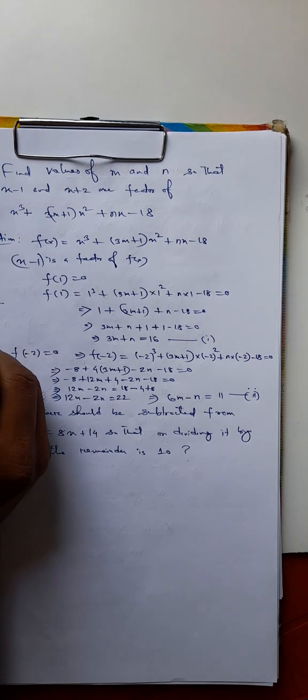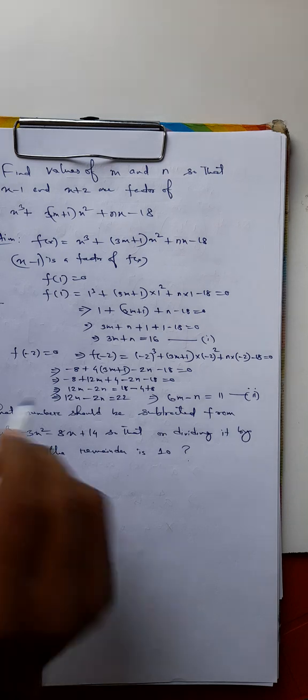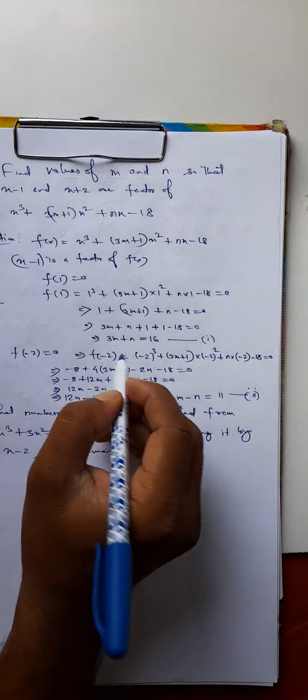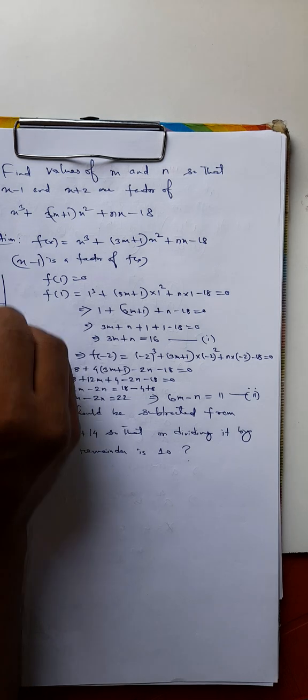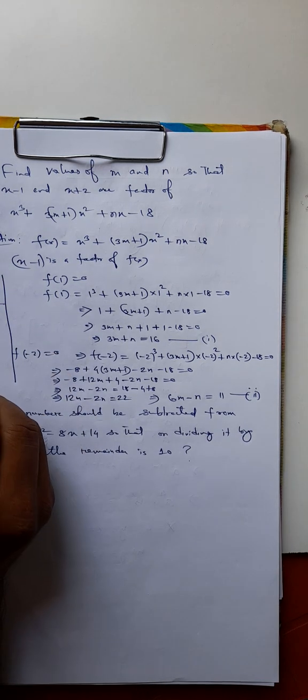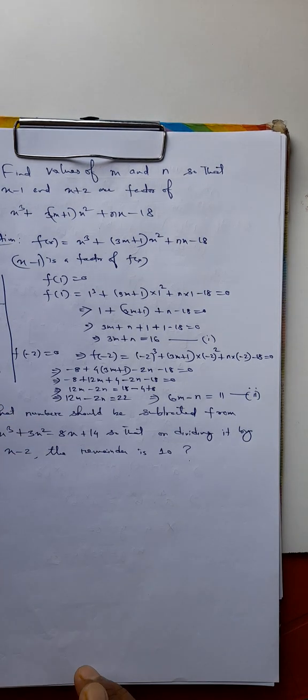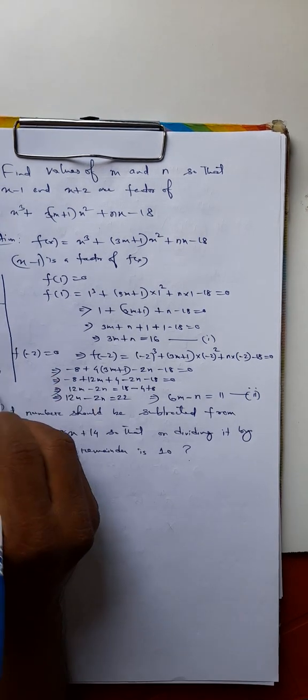That means m equal to 3. Now if m equal to 3, what is n? 3m plus n equal to 16, 3 into 3 plus n equal to 16. So n equal to 16 minus 9 equal to 7. So m equal to 3, n equal to 7.